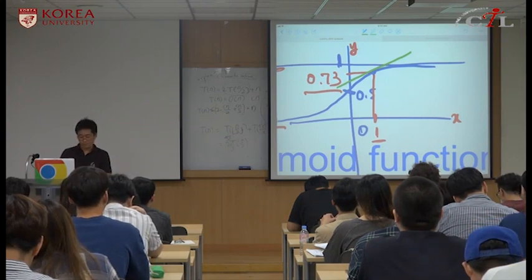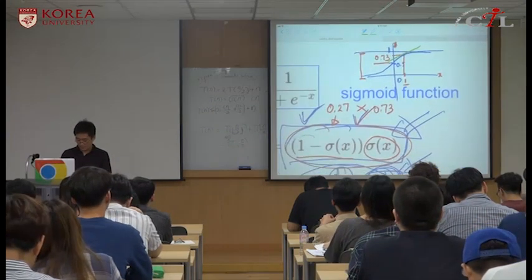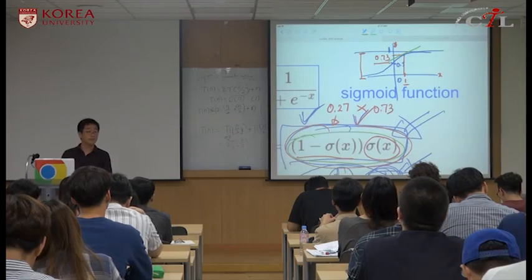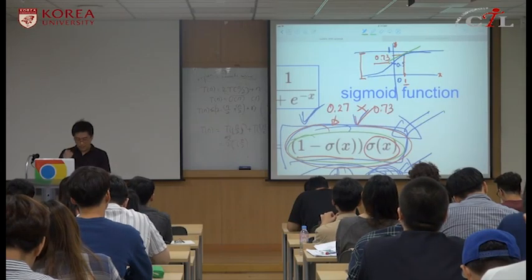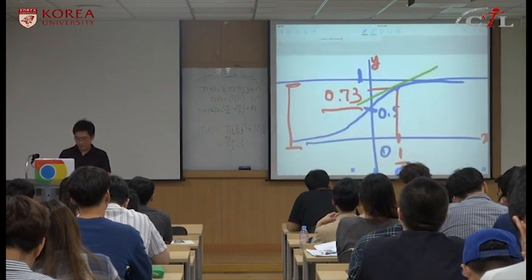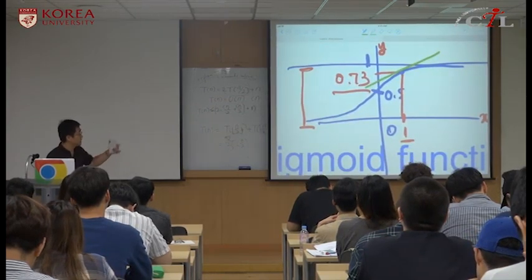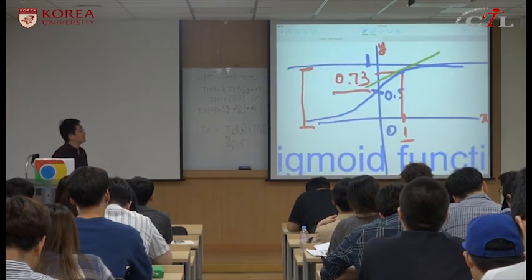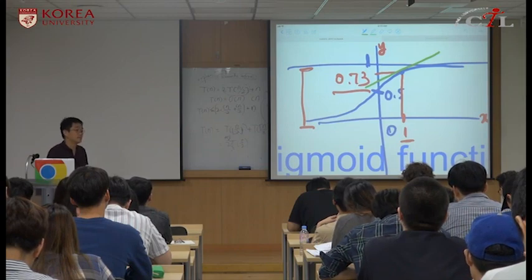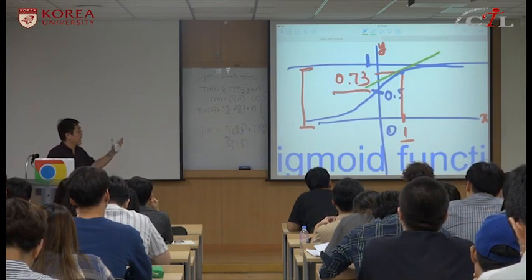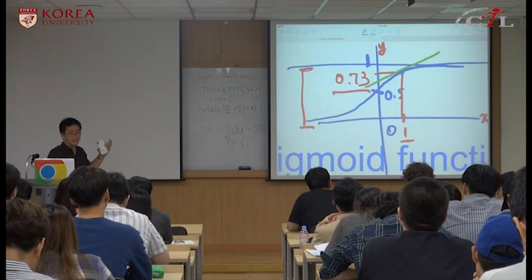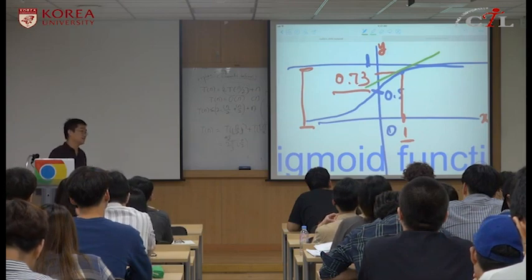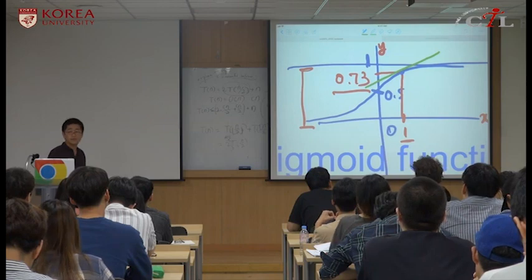This slope is represented by this representation. Now, just looking at this graph, where is the steepest gradient position? I mean, where is the x position that has the largest gradient value or slope? That will be at 0, right?